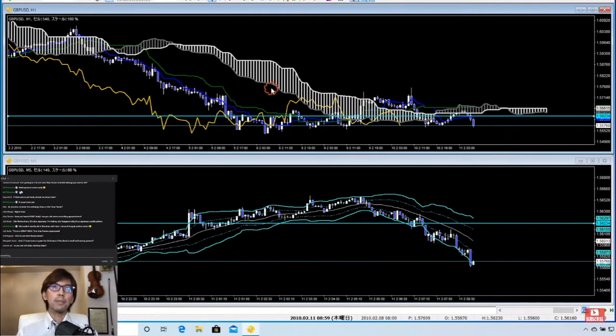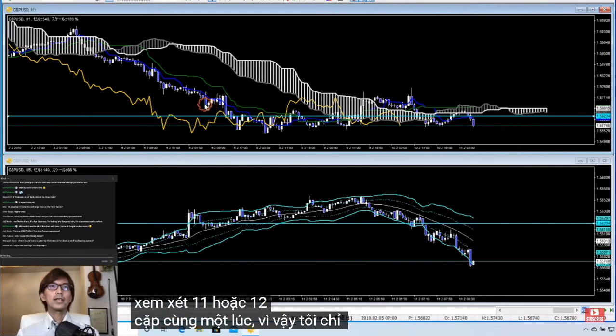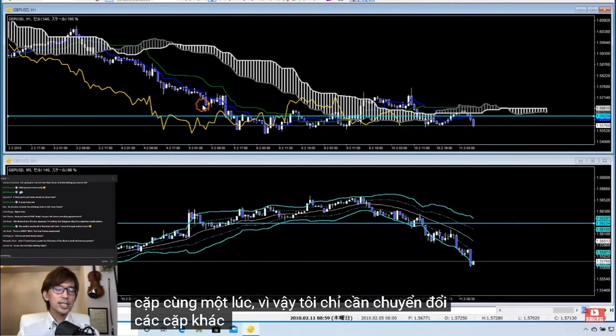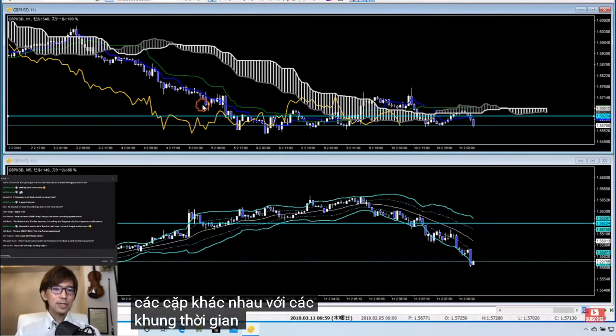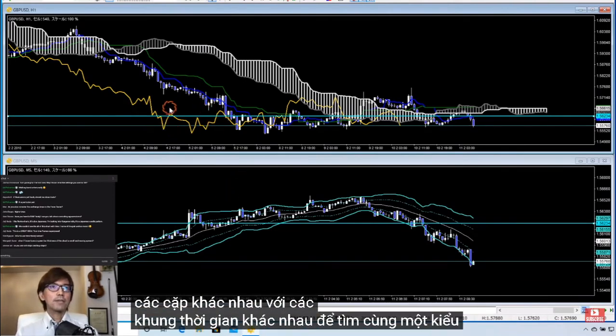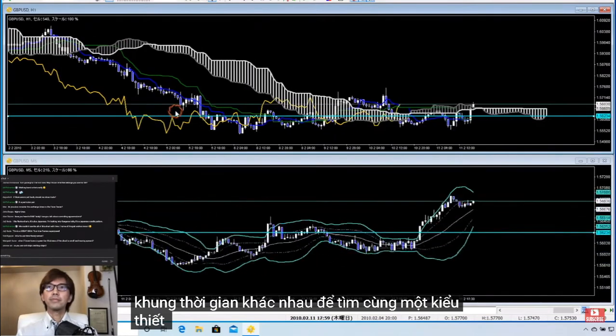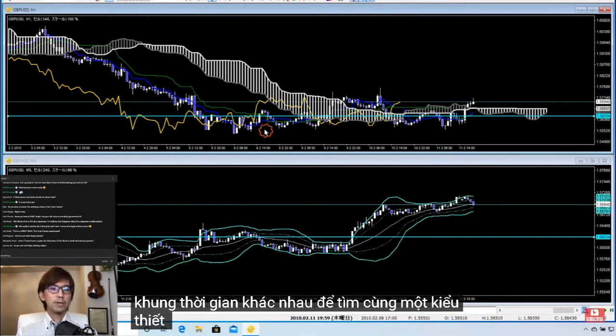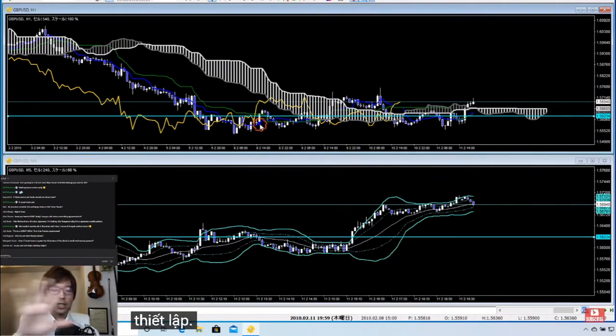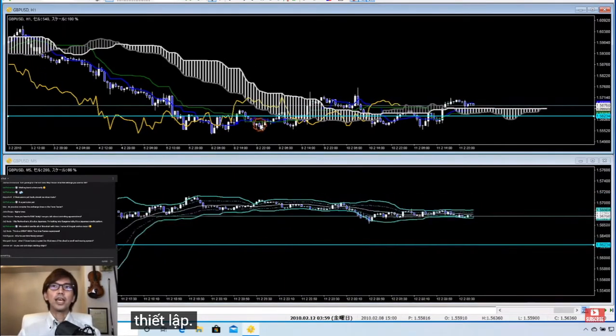But yeah, basically I look at like 11 or 12 pairs at the same time. So I just switch around different pairs or different time frames to look for the same kind of setup. So in this example, 1 hour shows flat, so I don't take trades.